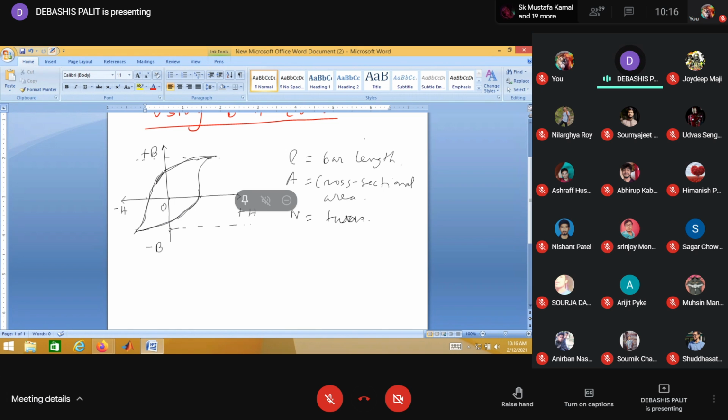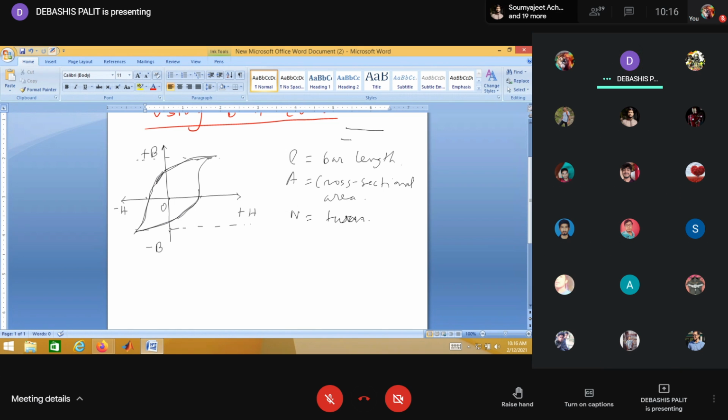Actually, there is a solenoid type construction. The magnetic material is there, and a coil is there. The coil is energized. So the number of turns is N, the length of the bar is L, and the cross section is A.